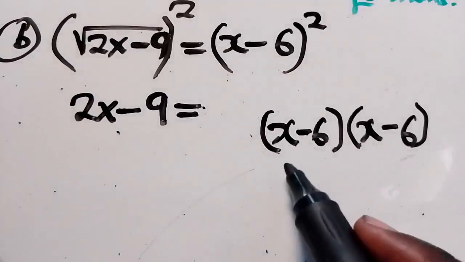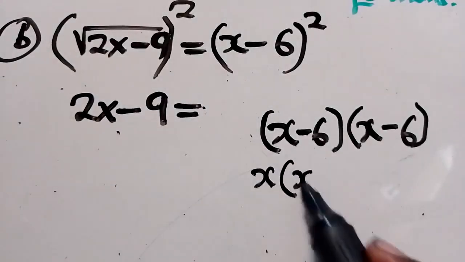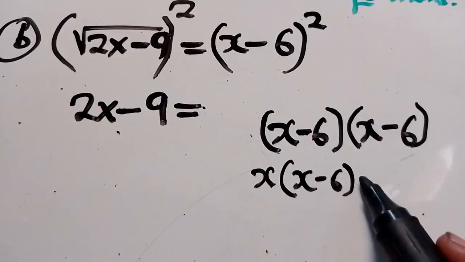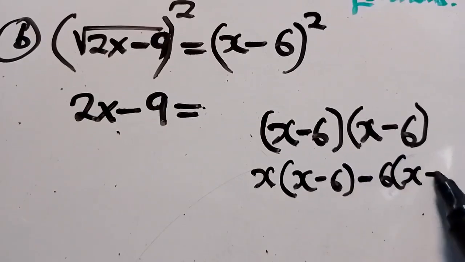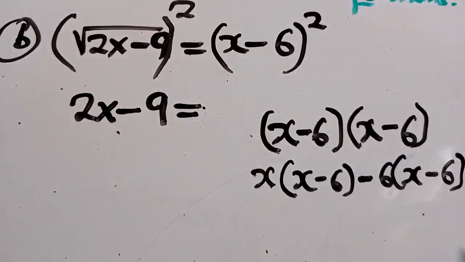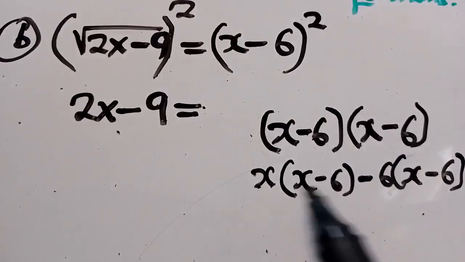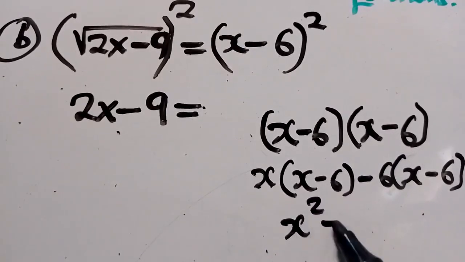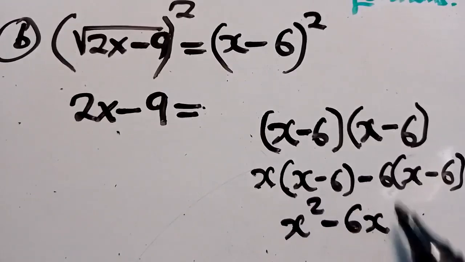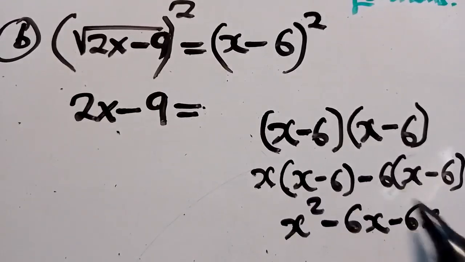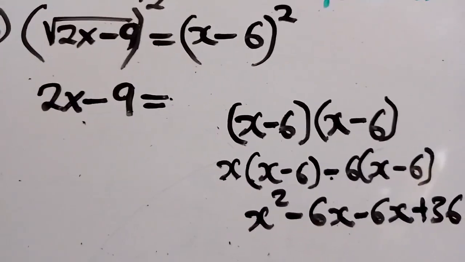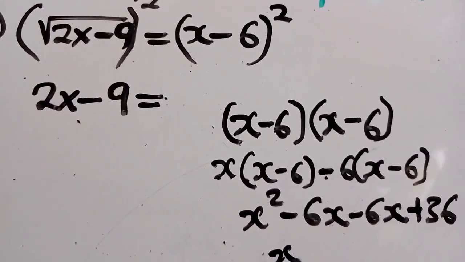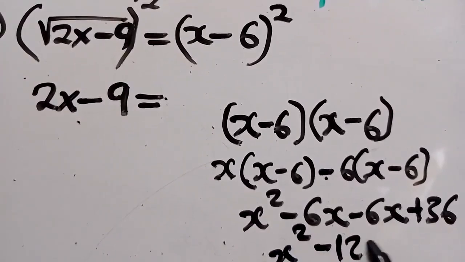But if you know that method where you say (x − 6)(x − 6), use it so that you just find your answer like this: x squared, minus 6x, minus 6x, positive 36. You say x² − 12x + 36.